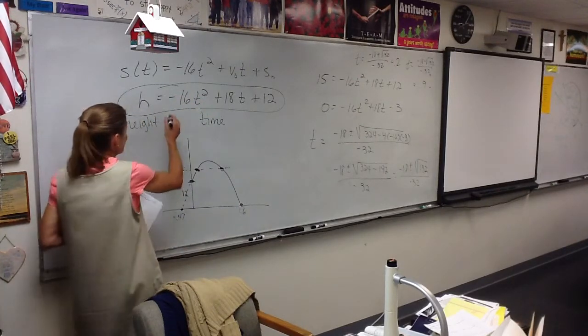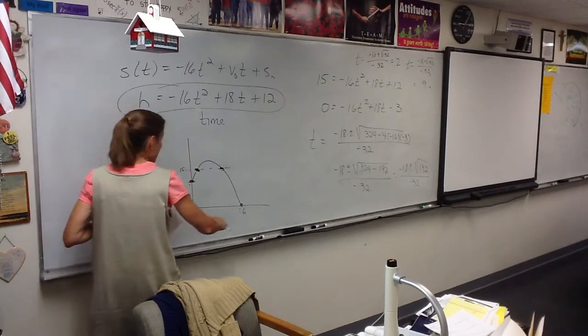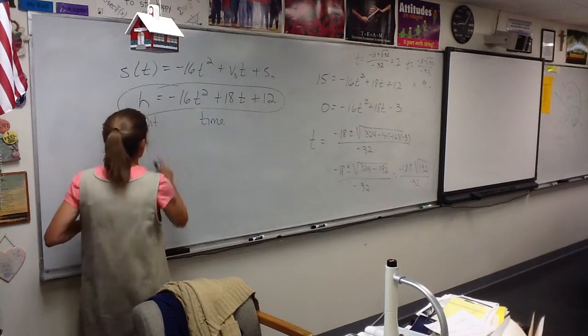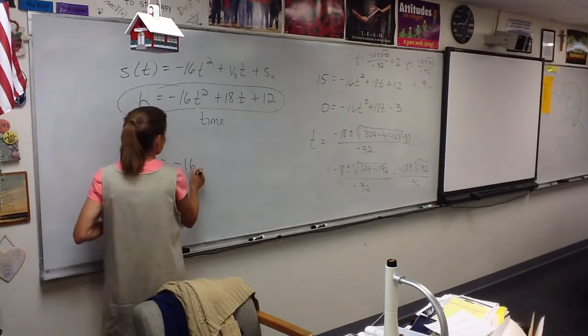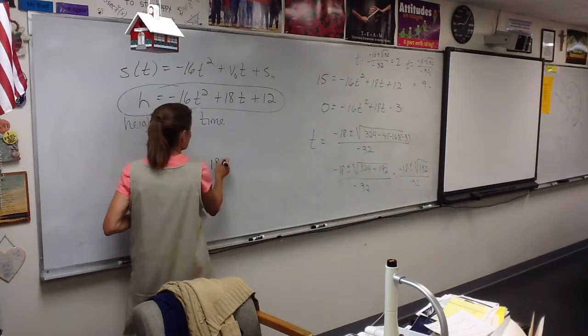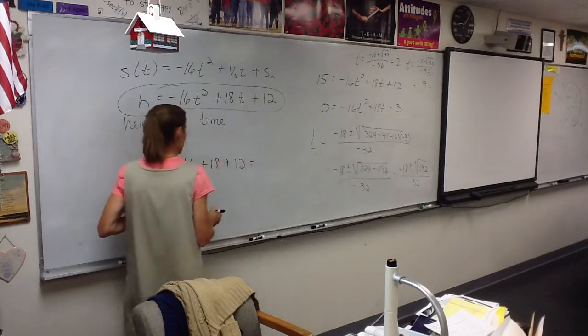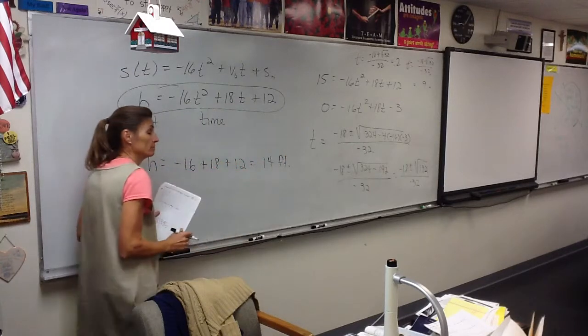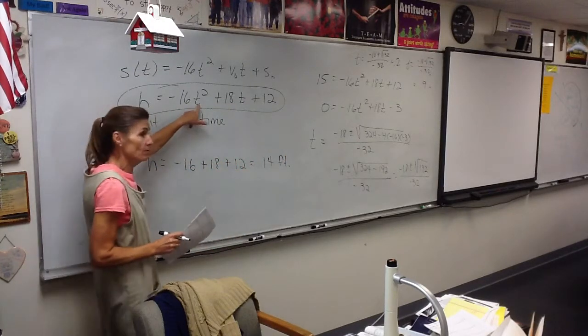So all you're going to do is put 1 in there for the T. So what are you going to end up with? We put in 1, we get negative 16 plus 18 plus 12, 14. Just put 1 in for the T.